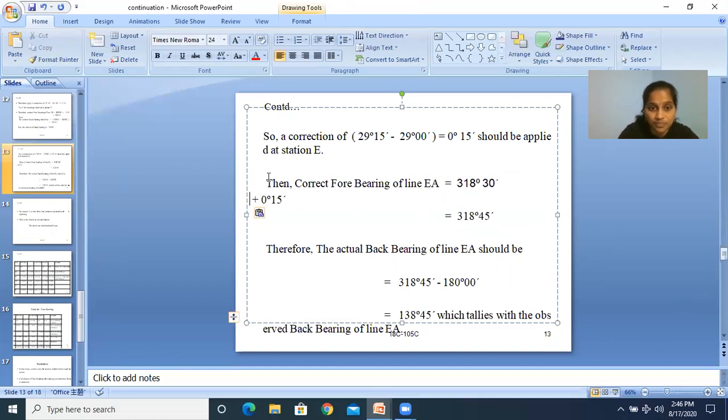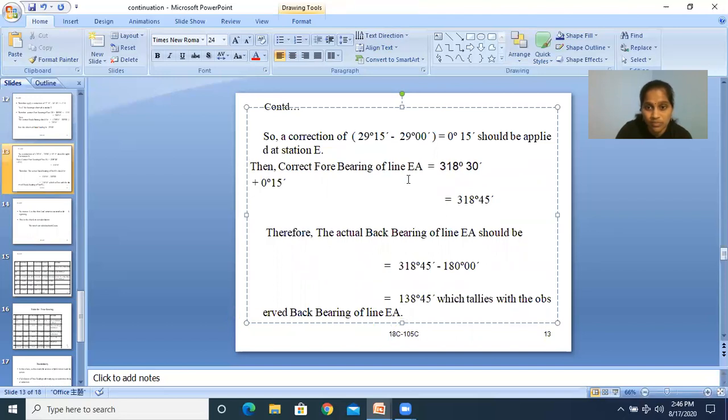So this is 318 degrees 30 minutes, the forebearing of EA line, plus 0 degrees 15 minutes, the correction.